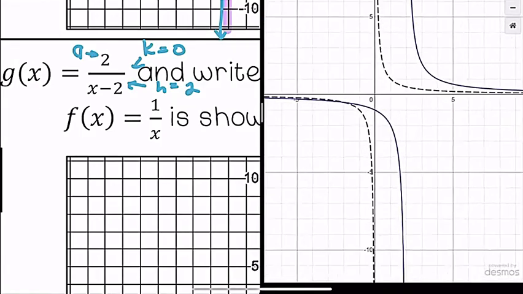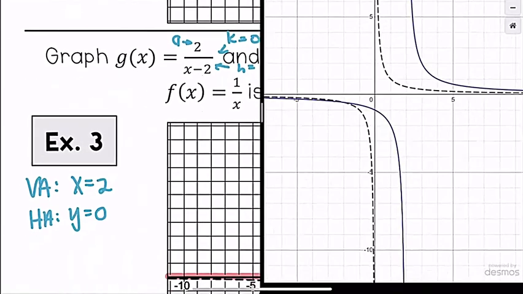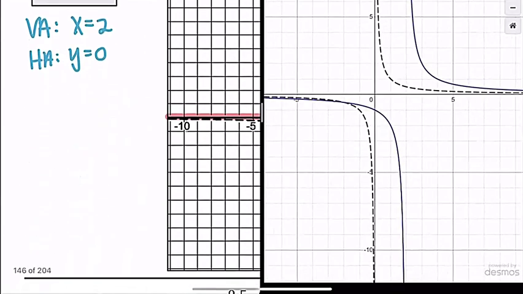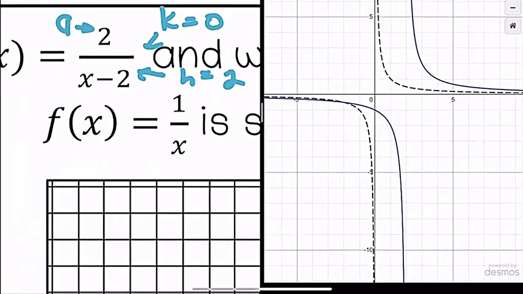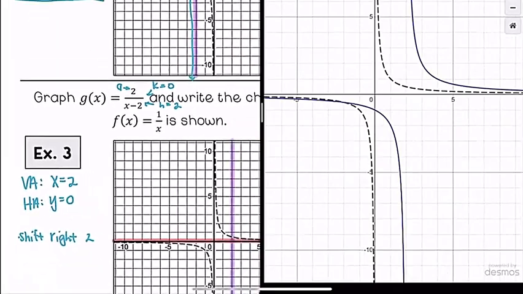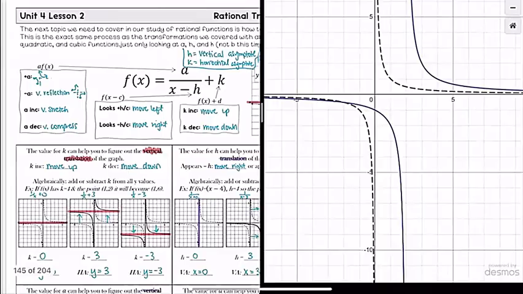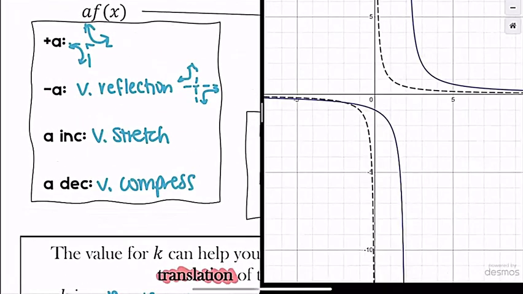You can see pretty easily it definitely scooted to the right 2 spots. So shift right 2. It does also look like it's kind of at a different angle, right? It looks a little different on the rounded part, and that would be a. And it is different for a, right? a was 1, and now it's 2. So looking over at our summary here, a went from 1 to 2, so a increased, so it was a vertical stretch.